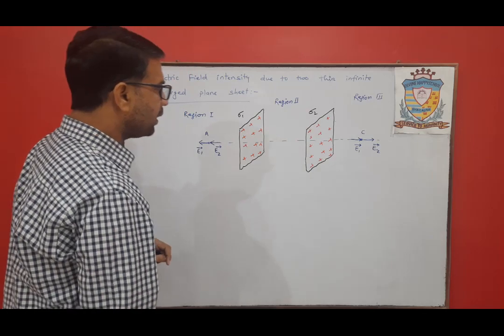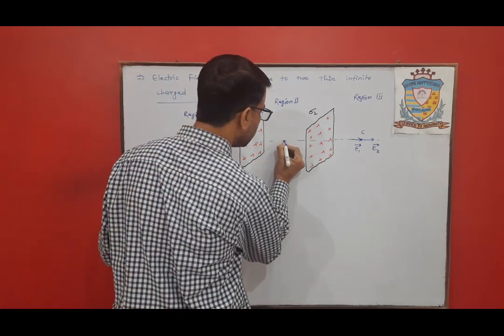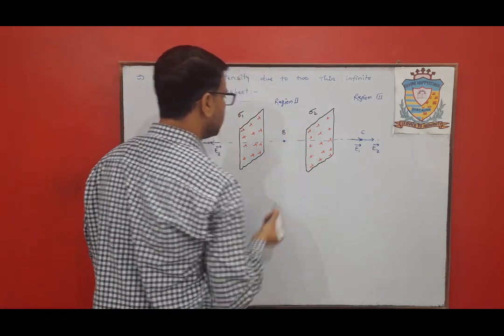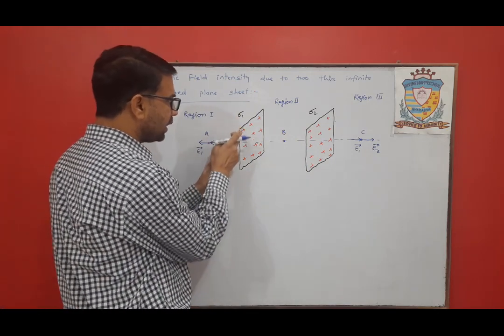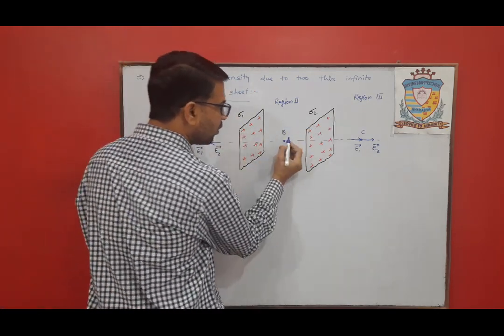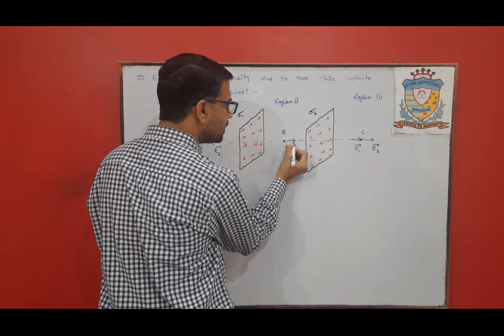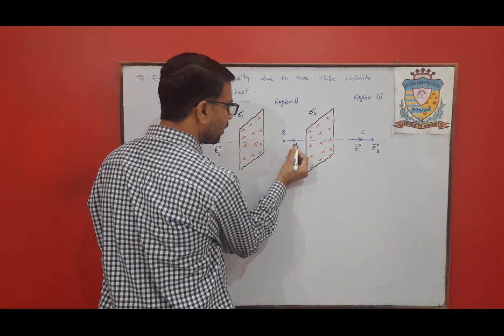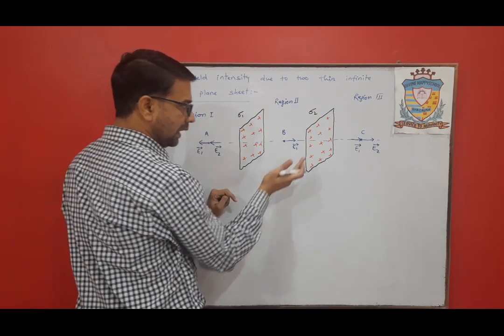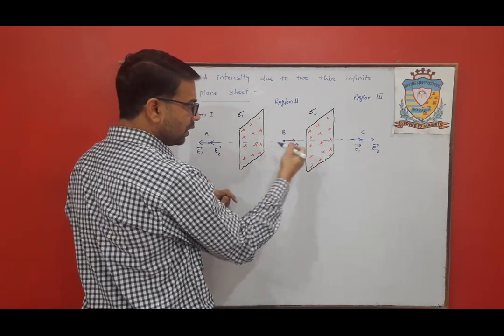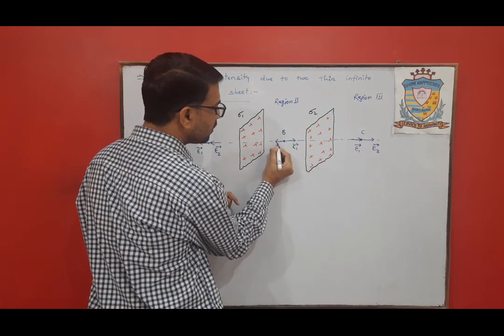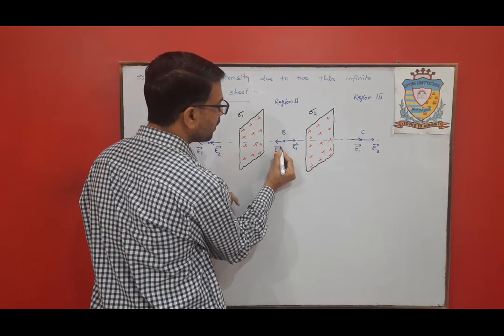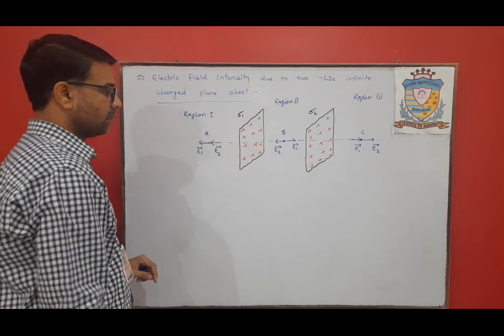Clear? At point B, the direction of electric field intensity due to sheet 1 will be outward, in this direction, E1. What about E2? The direction of electric field intensity is somewhat like this, radially outward. So it is E2. Clear?